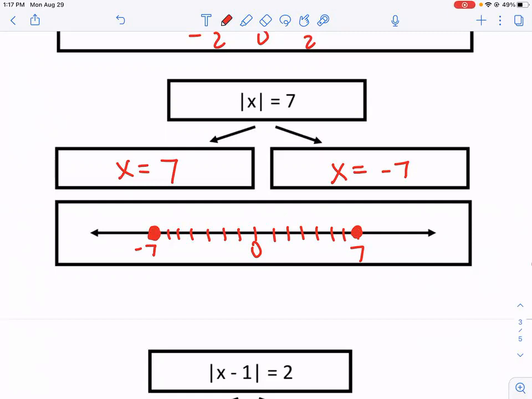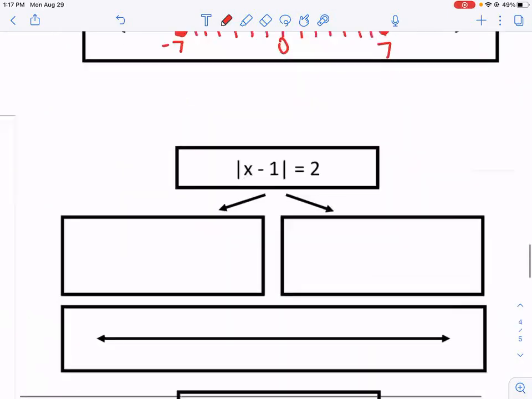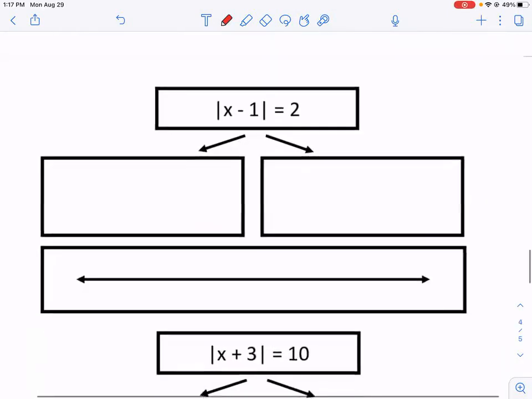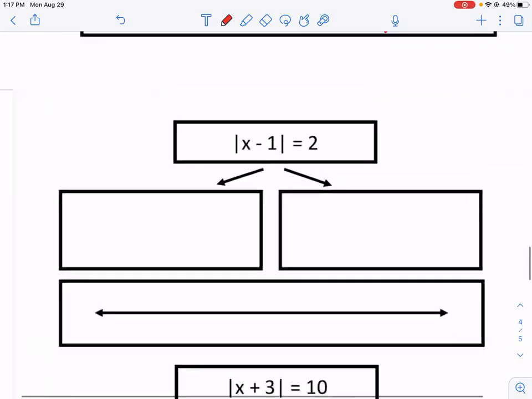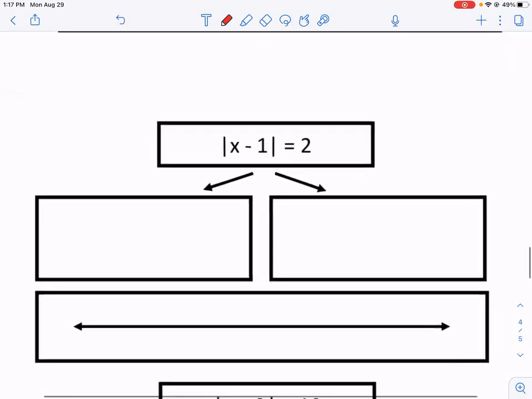Okay, open up the book. It's the same thing, but we have a little bit more excitement in our life, okay? Now I have the absolute value of x minus 1 equals 2.